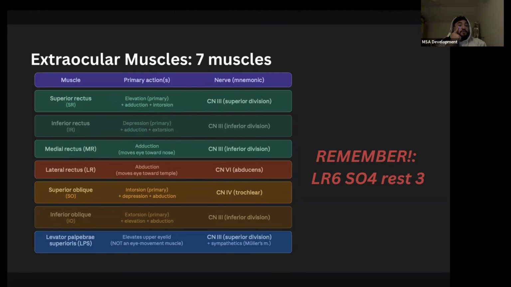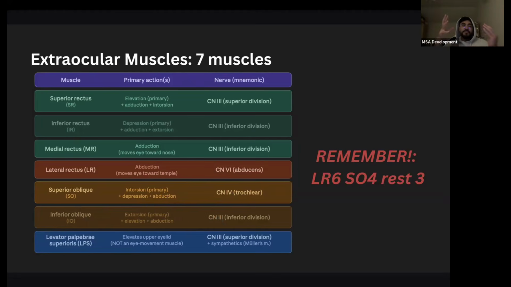Lateral rectus moves the eye towards the temporal bone, and it's done by cranial nerve 6. Superior oblique helps in depressing and abducting the eye, and it's provided by cranial nerve 4, which is the trochlear nerve. Inferior oblique helps in elevating and abducting the eye, and through cranial nerve 3.